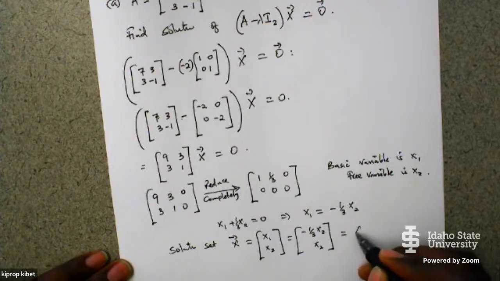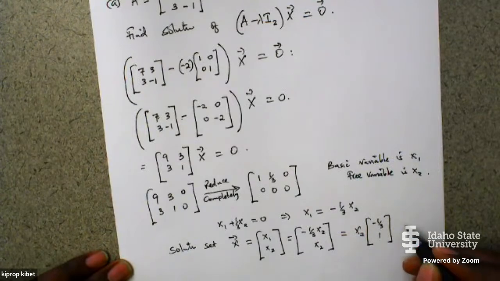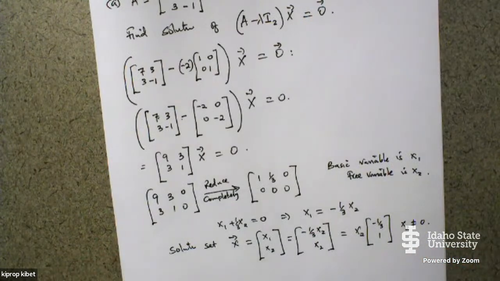This equals x2 times minus 1 over 3 and 1, where x2 is not equal to 0. We don't want to get trivial solutions.